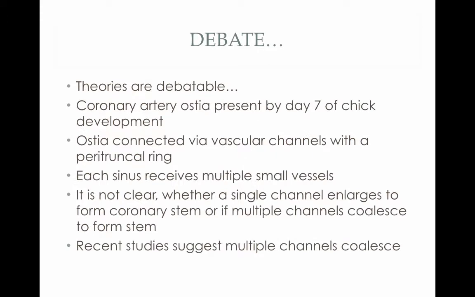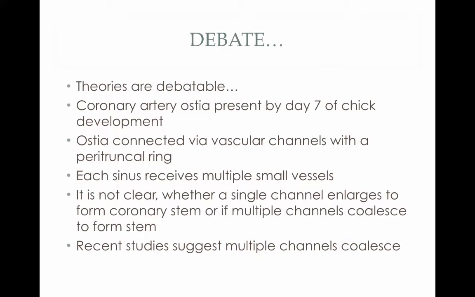So there is still a debate, and these theories are debatable, but there are coronary ostia present by day 7 of chick development, and this ostia is connected via a vascular channel with that paratruncal ring, like we just saw in the Hackensellner theory.